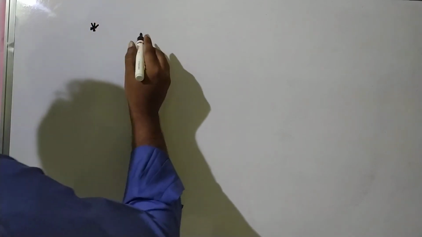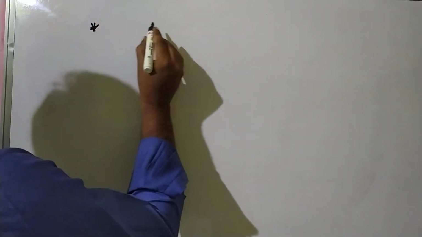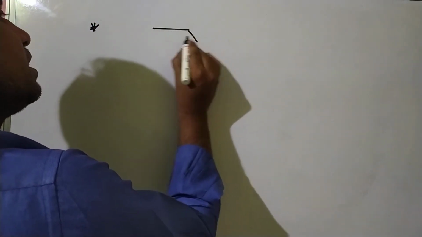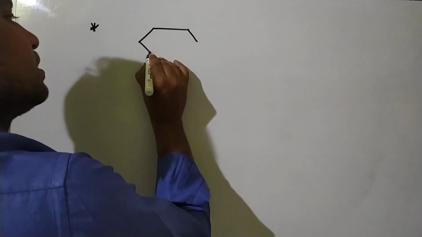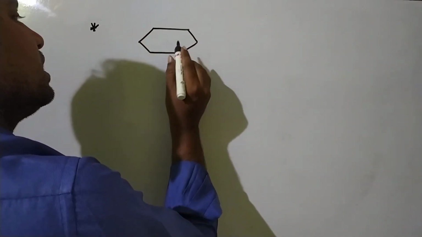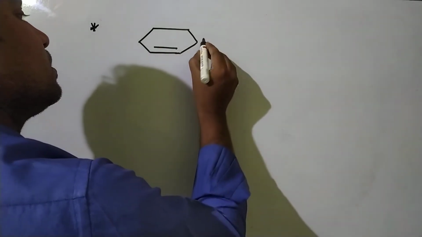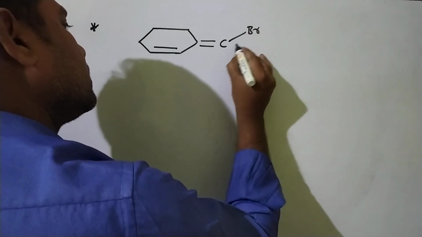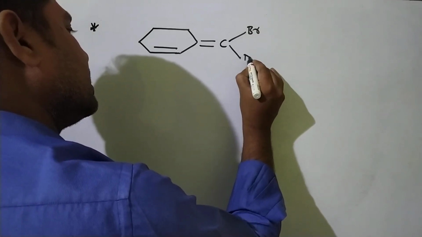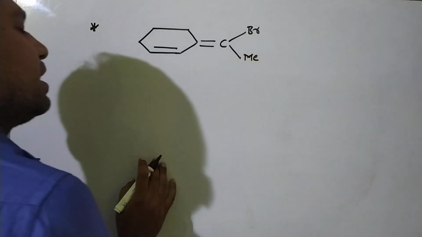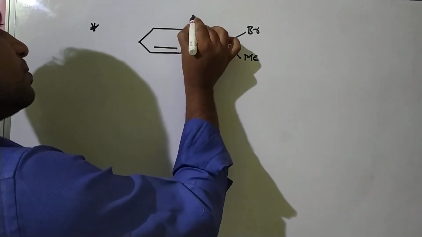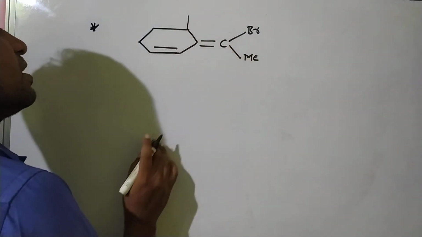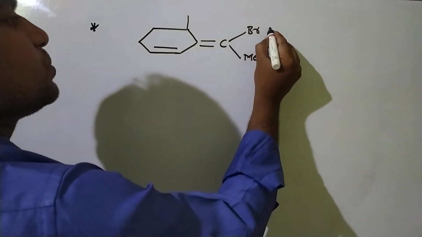And some other most important examples. Okay, listen students, very, very important and highly expected for the exam. So this is a double bond, this is a bromine atom, and this is a methyl group. Here some methyl group is there. Now see, these two are different.